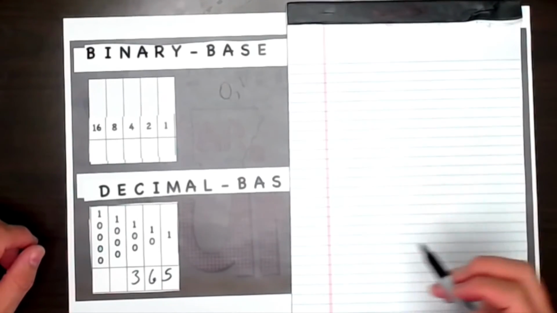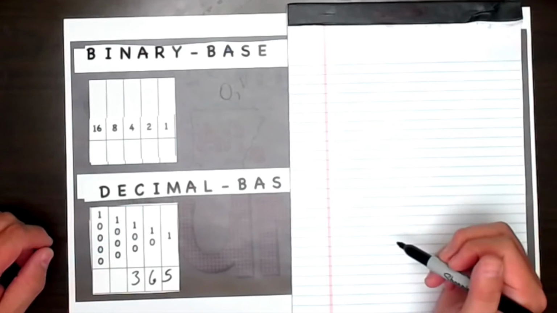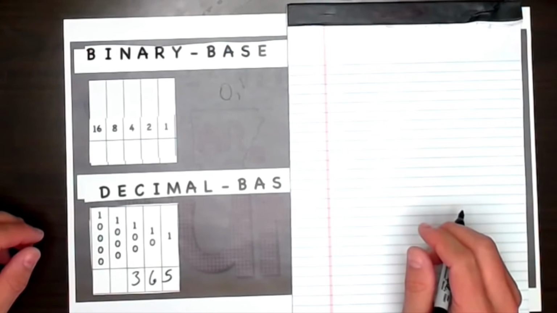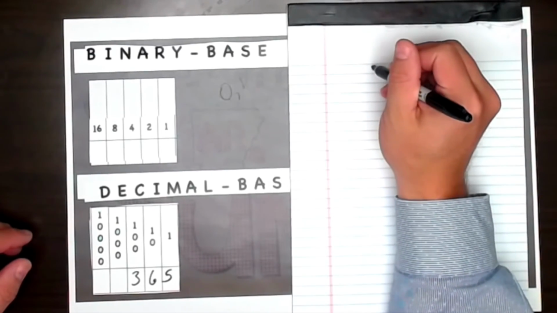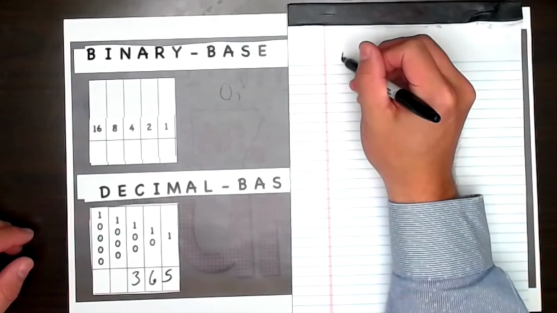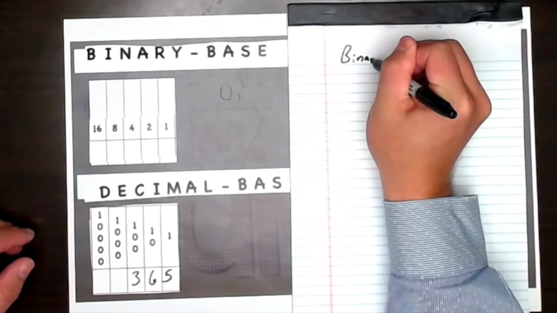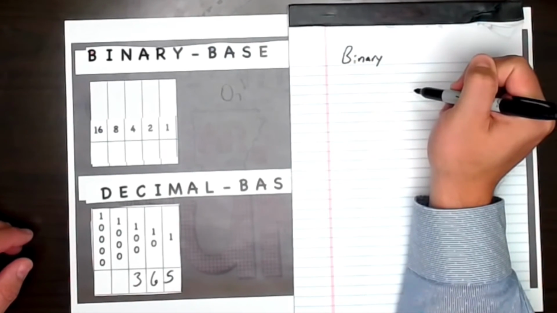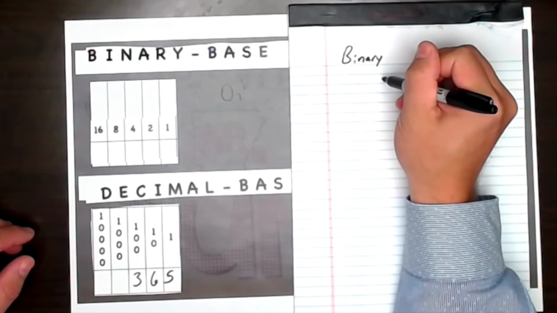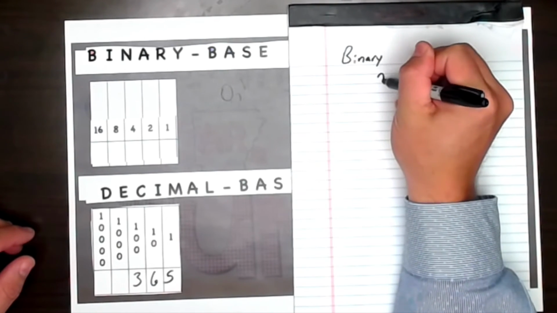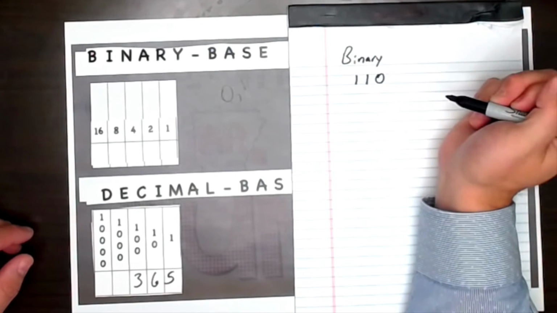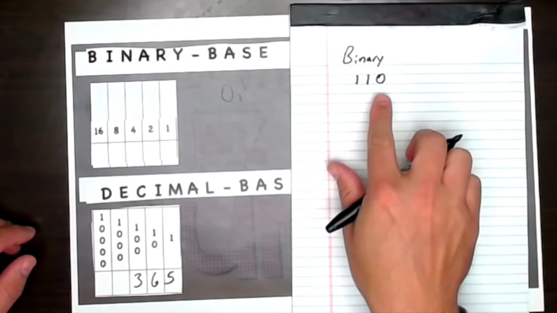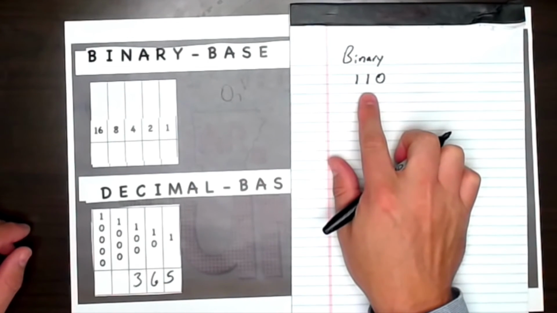So, just like we did for decimal, we're going to try to look at a binary number and come up with a value that we understand. I'm going to write a number out, and remember, this is a binary number. If I wrote out 0, 1, 1, in decimal, what would you call this?